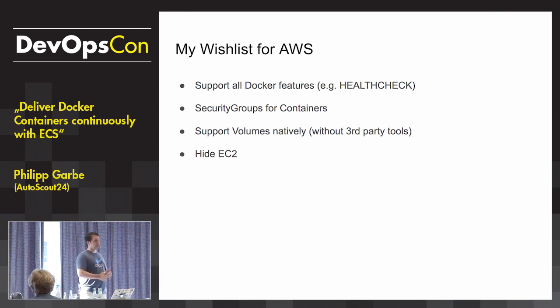Then you don't have to define anything else. Also, security groups are missing for the containers, and with the volumes, you have to use some third-party tools. Where AWS already provides the volumes with EBS and EFS, I wish that they would also provide the tooling around that, so I don't have to take care of that anymore.